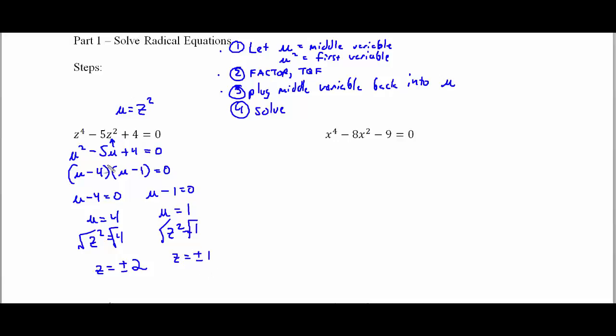I'd like you, if you could, to turn on a calculator and type in this equation, z to the fourth minus 5z squared plus 4. You will see that it does cross at plus or minus 2 and plus or minus 1. It has kind of a waviness to it, and also a y-intercept of 4.